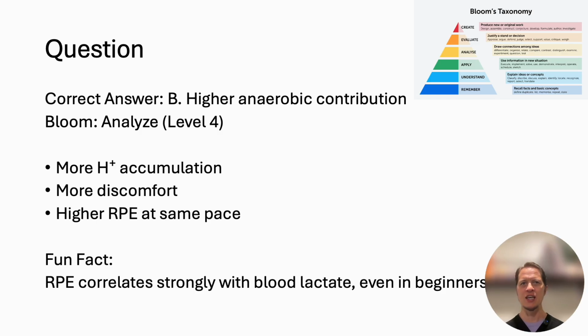The fascinating thing is this simple metric, your rate of perceived exertion from 1 to 10, or there are other scales that go, I think, 6 to 20, Borg's rate of perceived exertion. It's such a simple, almost dumb sounding tool, but it correlates very strongly to blood lactate, which is kind of the gold standard of lactate accumulation. Even in beginners, you don't have to be a trained athlete, so it really does work.